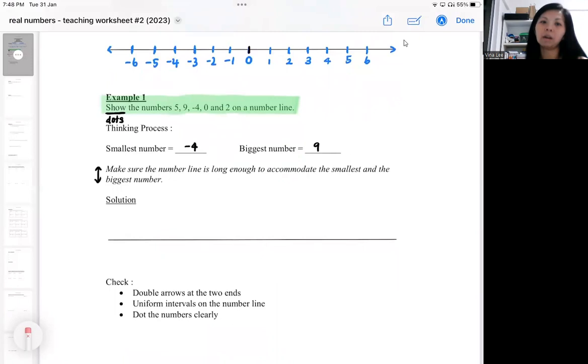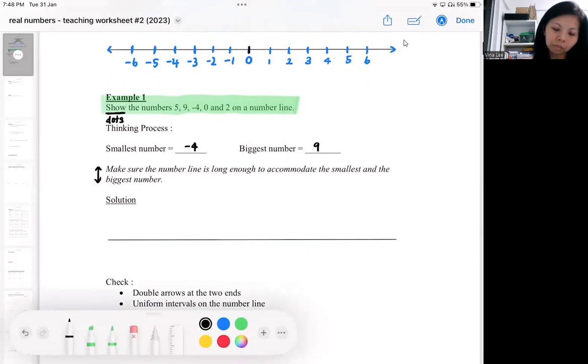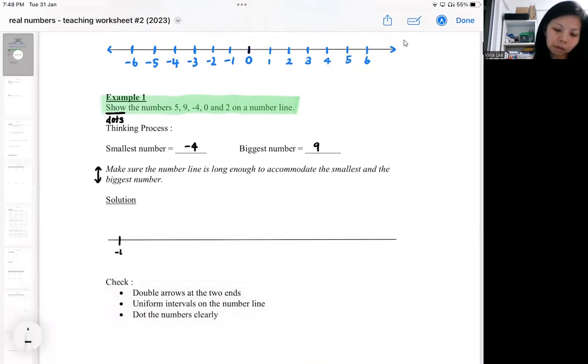So in this case, I must make sure the smallest is -4. So I can do it this way. So this is -4. Okay, make sure it's a regular interval. So I must make sure that it's long enough.